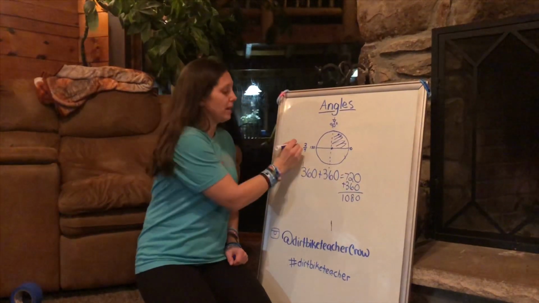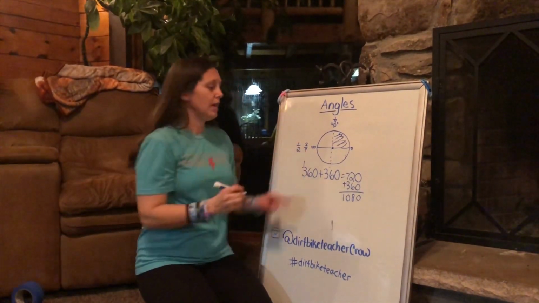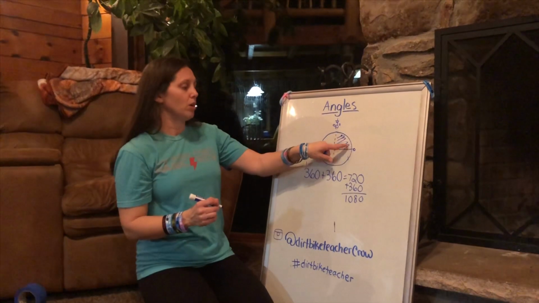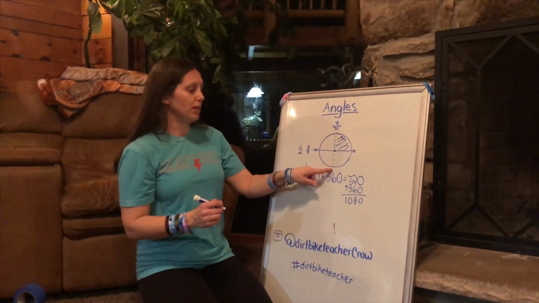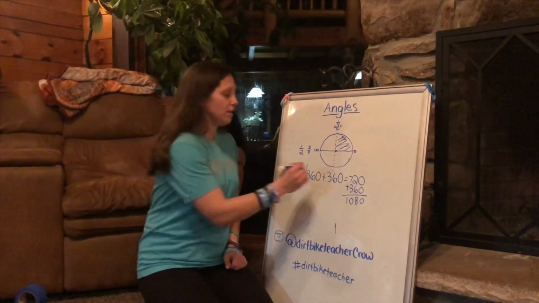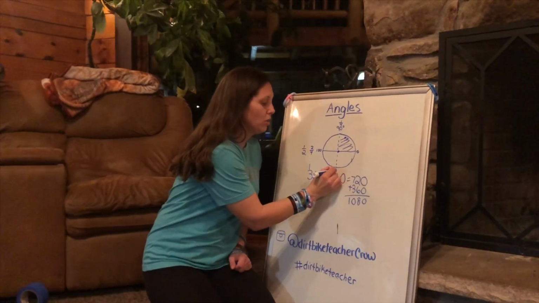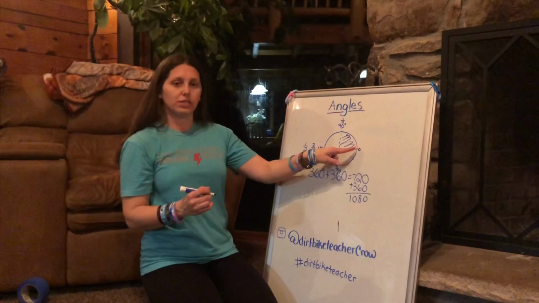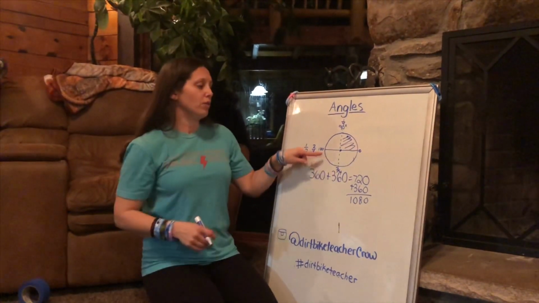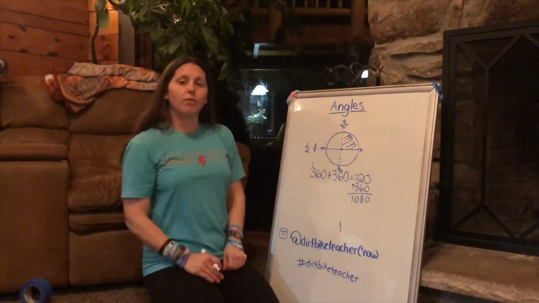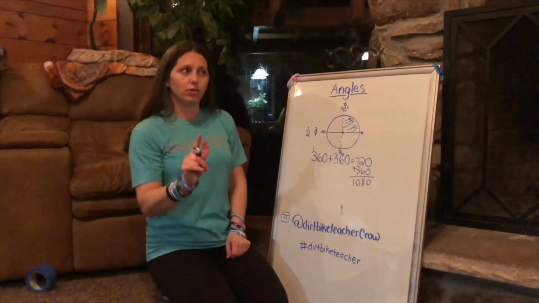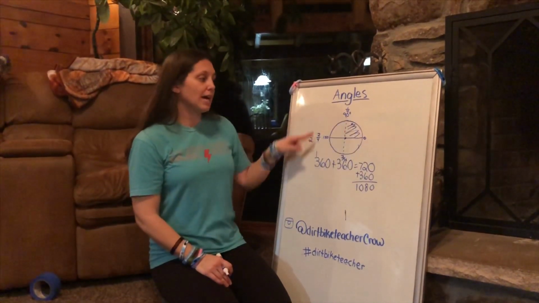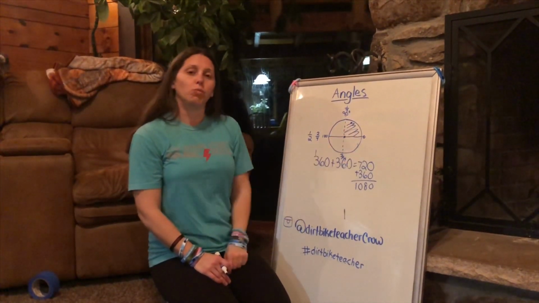Simplified though, you would say 1/2. And then if you rotated from here all the way to here, which would be 270, you would get 3/4. And then if you did an entire rotation of 360 degrees, you would have rotated the entire part of that circle, which would have been one whole.